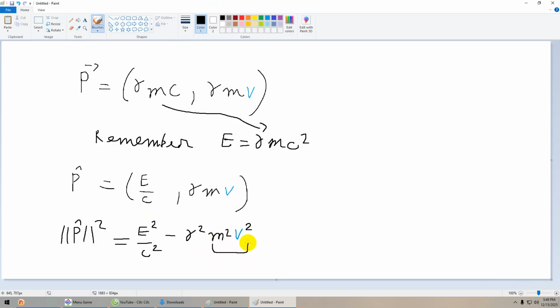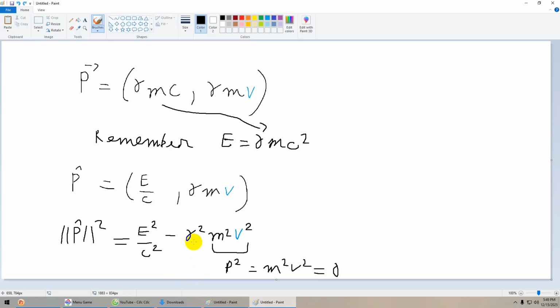Now we can see the problem that we have: this is the classical free momentum square, which is equal to mass square times velocity square. This will be 0 for the photon, and this term will be infinity. So infinity times 0 equal a constant.